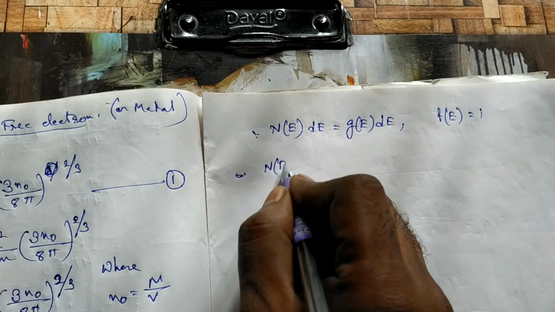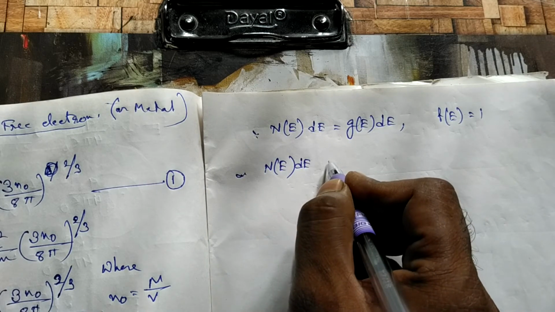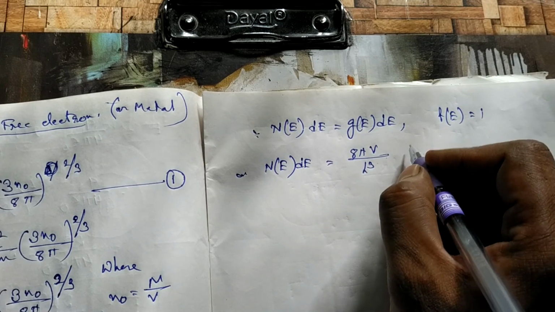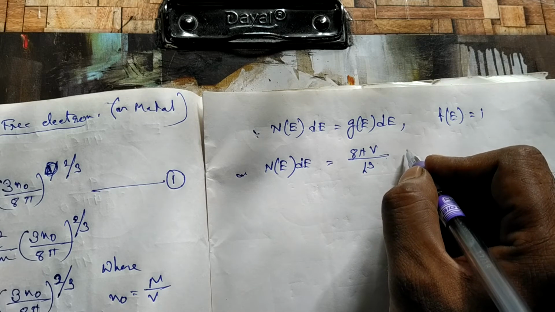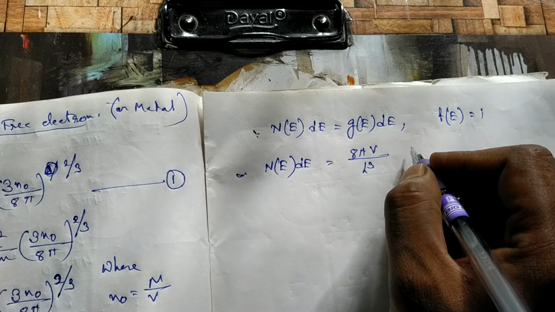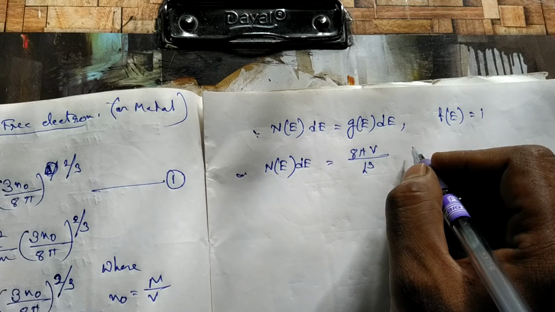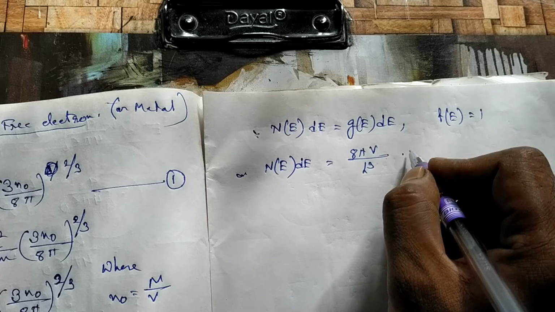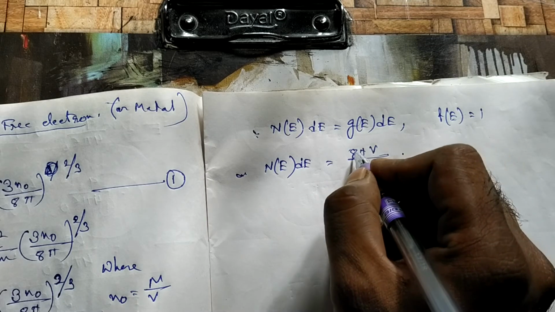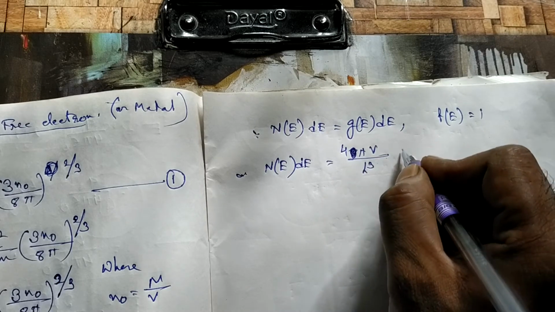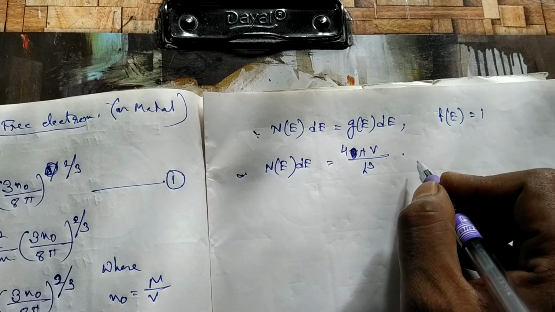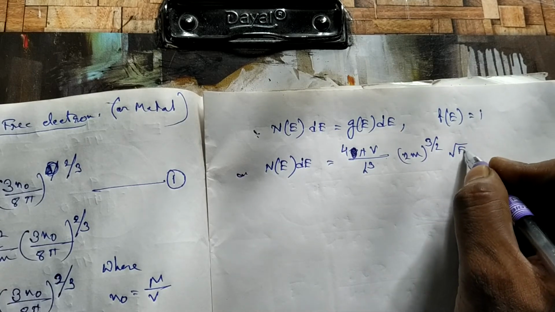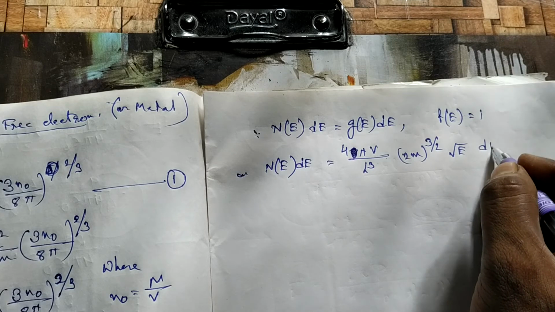Or N(E) dE is equal to 8 pi V by h cube, (2m) to the power 3 by 2, root E dE.